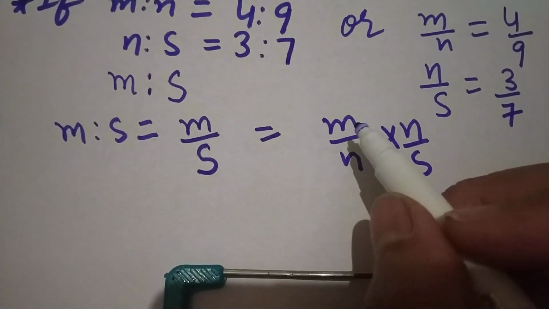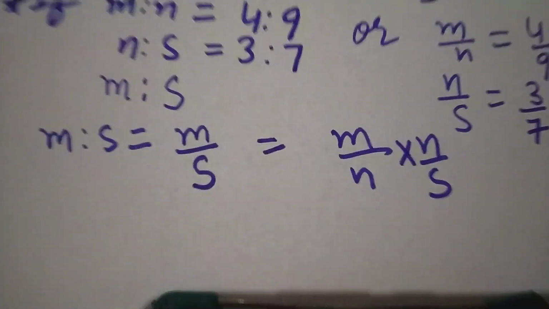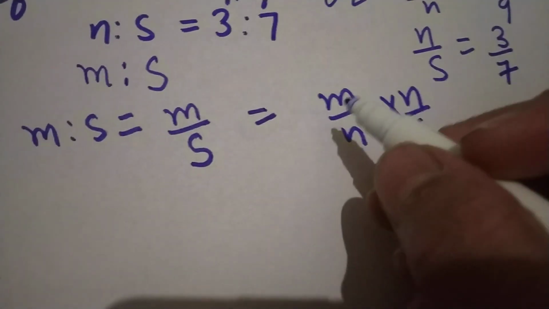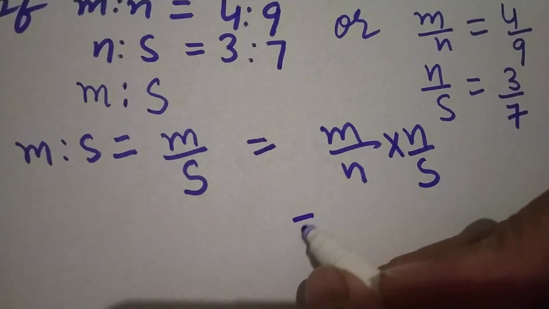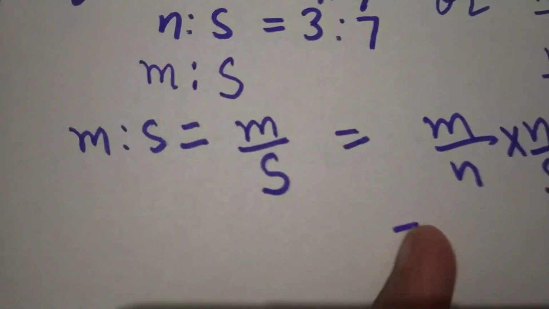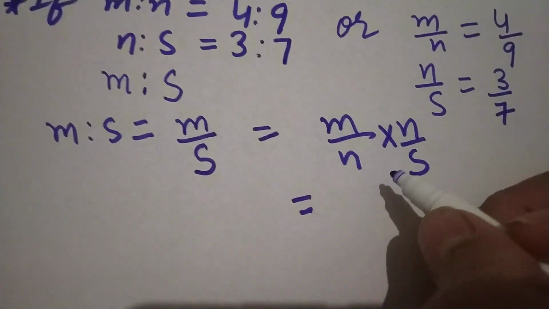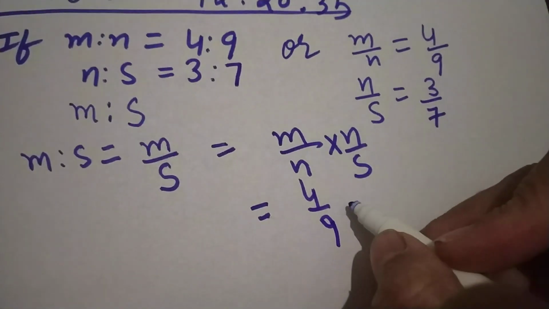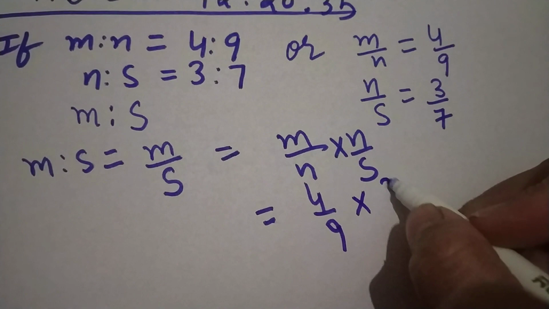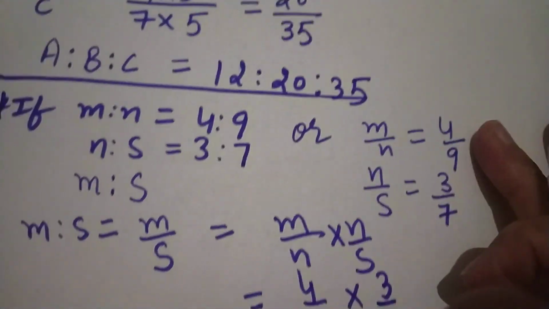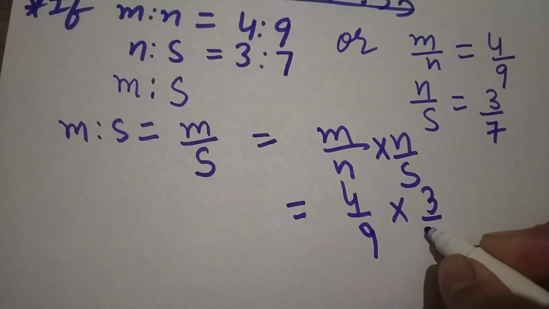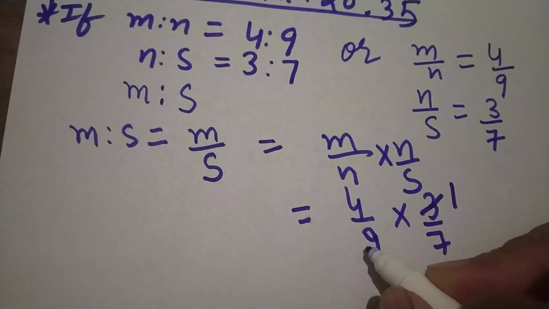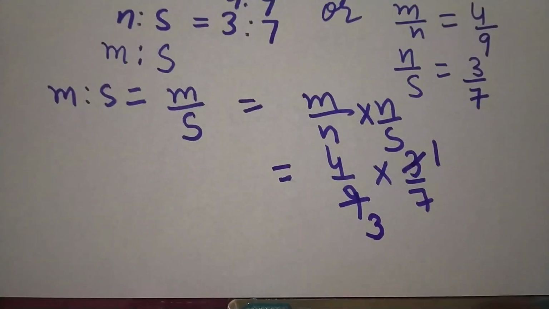Now we substitute the values: M upon N is 4 upon 9 and N upon S is 3 upon 7. By the table of 3, 3 ones are 3, 3 threes are 9.